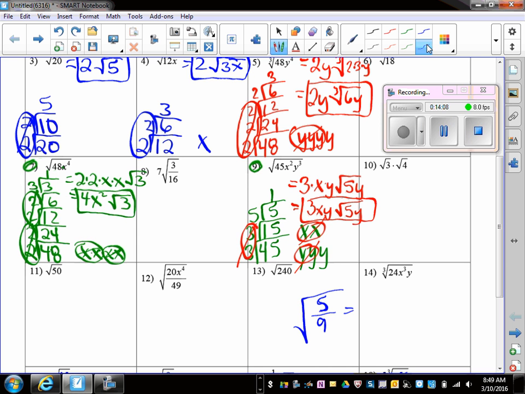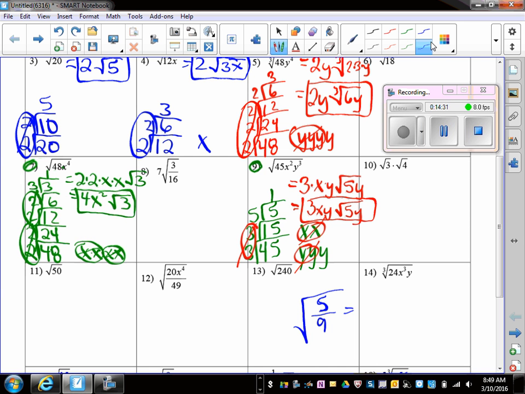How can I break this up? What can I do with that? What can I do with this? When we're dividing with exponents, you subtract exponents, but we have no exponents.